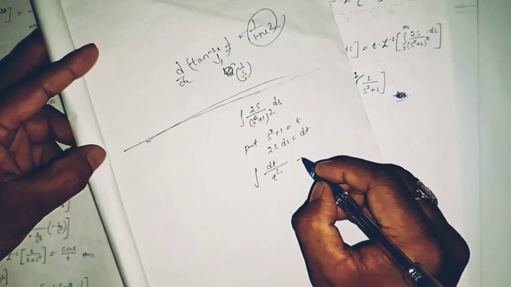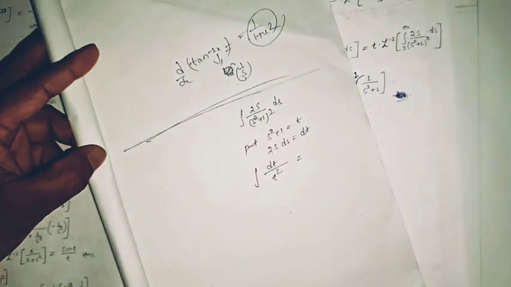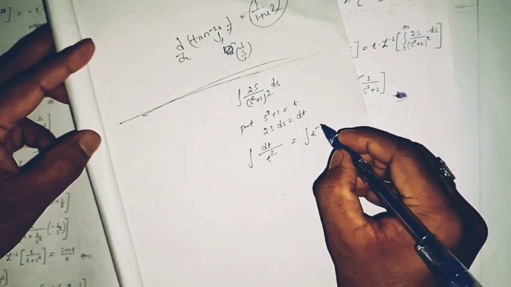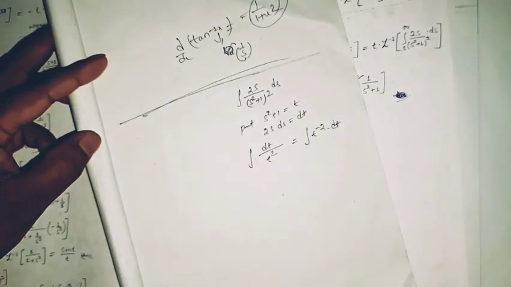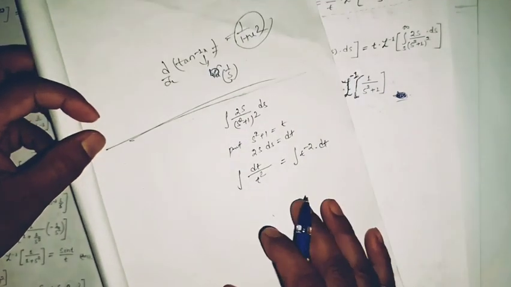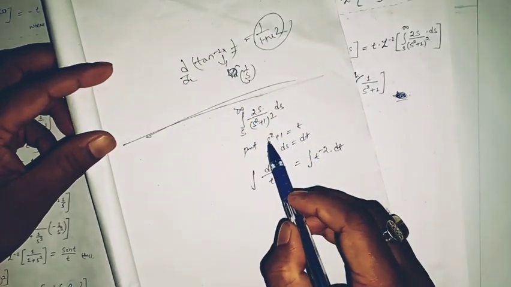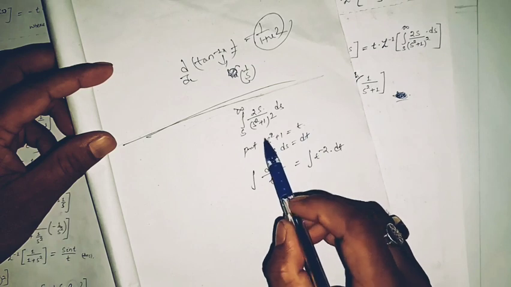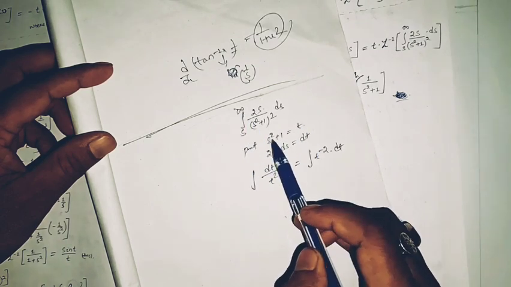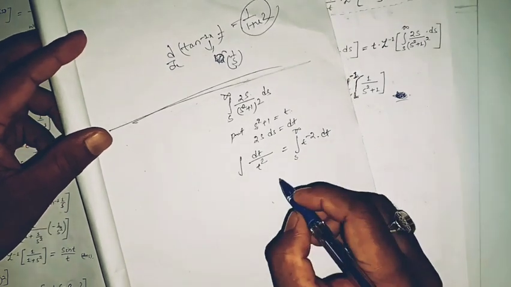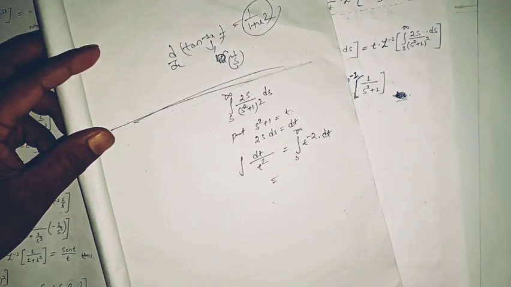So this will be equal to t to the power minus 2 into dt. Okay, if you consider the limit, it is not going to be changed. See, s to infinity. If I put t equal to s, and if I put s equal to infinity, t also will be infinity. So it will be s to infinity, no changes. So the integration of this one will be how much?